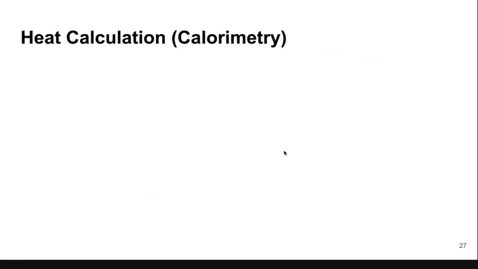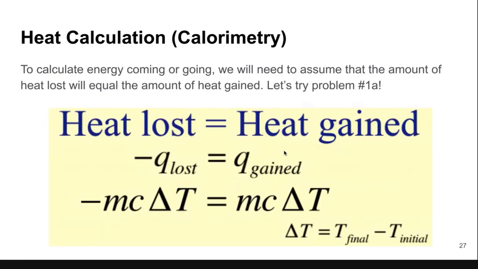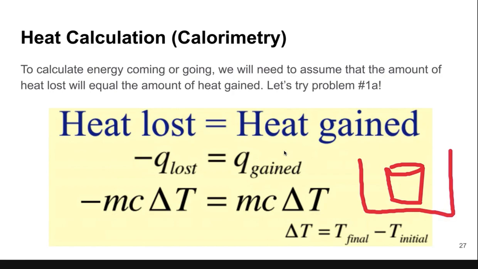Okay. So now that we have a formula, I guess we can see that to calculate how much energy has come into or gone out of the system, you'll have to assume that however much heat you lost is however much heat you gained. Again, the amount of heat that the system lost is how much the surroundings gained, to be very clear. So calorimetry usually has like a styrofoam cup, and that's your system, and then you put that into like a tub of water, which is the surroundings.